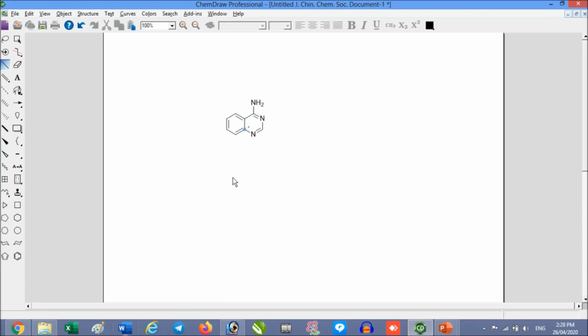On this pyrimidine ring we have an amino group NH2, and on the benzene ring we have OCH3, and here also OCH3. So two OCH3s are there.